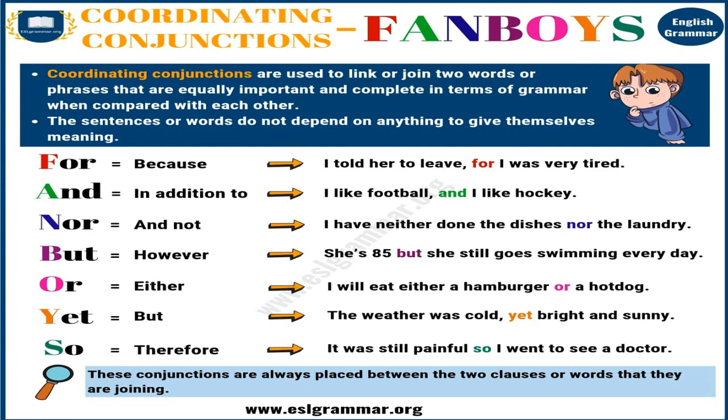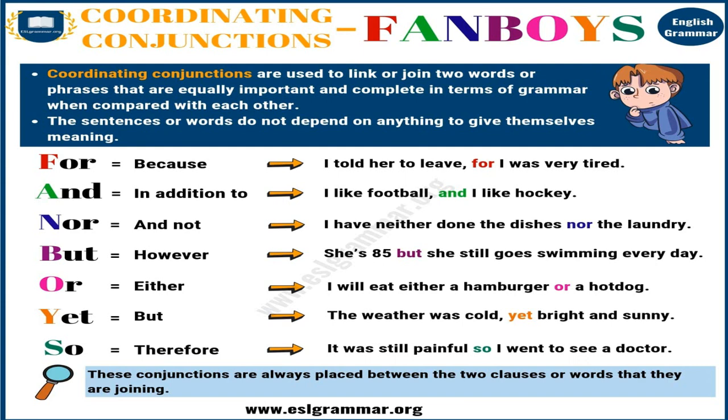So I repeat, what are conjunctions and what are coordinating conjunctions? Conjunctions are the words which join words, phrases and clauses. Coordinating conjunctions are used to link or join two words of the same grammatical rank or same importance.